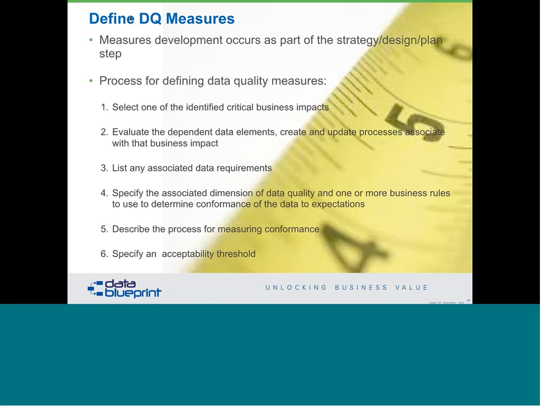Specify the associated dimension of data quality and the business rules that will be likely used to determine conformance to the expectations. Again, remember, it's either fit for purpose or it's not. And then describe the process for measuring the conformance with a specific acceptability threshold. Many times these translate into service level agreements that you'll have.